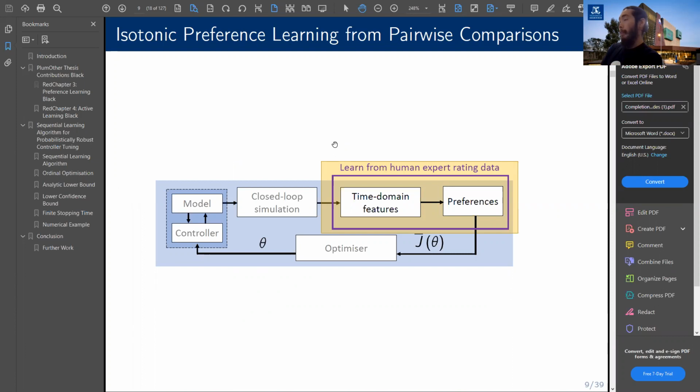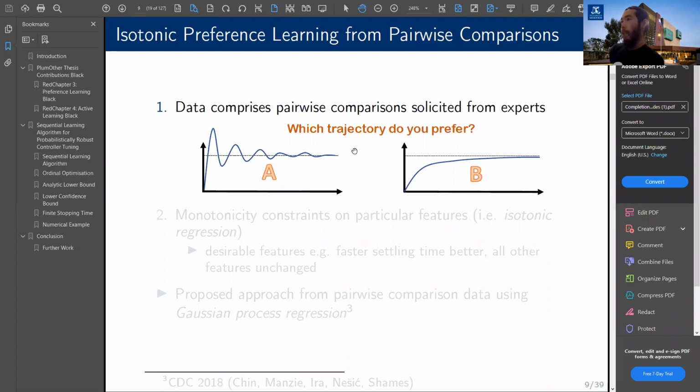This first chapter is related to this part of the framework, the part related to the performance index. This piece of work proposes the following. First of all, instead of having numerical trajectory ratings from our expert, let's suppose we have pairwise comparisons.